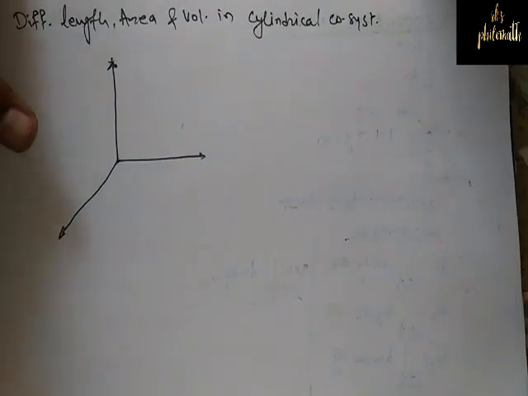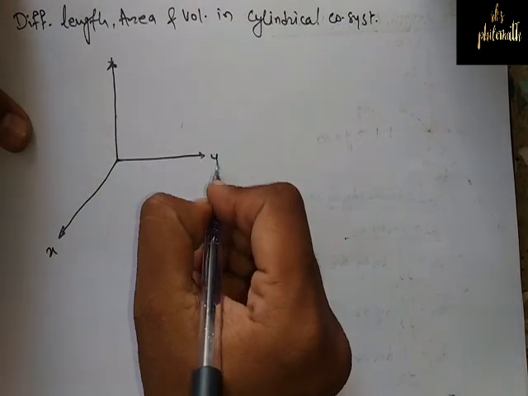Now we'll find out the differential length, area and volume in cylindrical coordinate system. For this particular calculation, we have to first draw the Cartesian coordinate system.